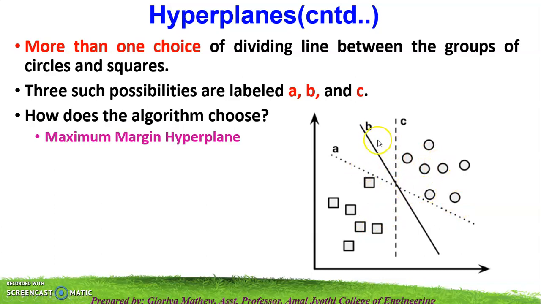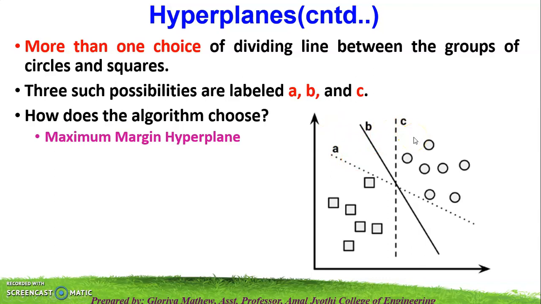Lines A, B and C are three such possibilities which will separate the squares and circles into two different groups. That is, there is more than one choice of dividing line between the groups of circles and squares.